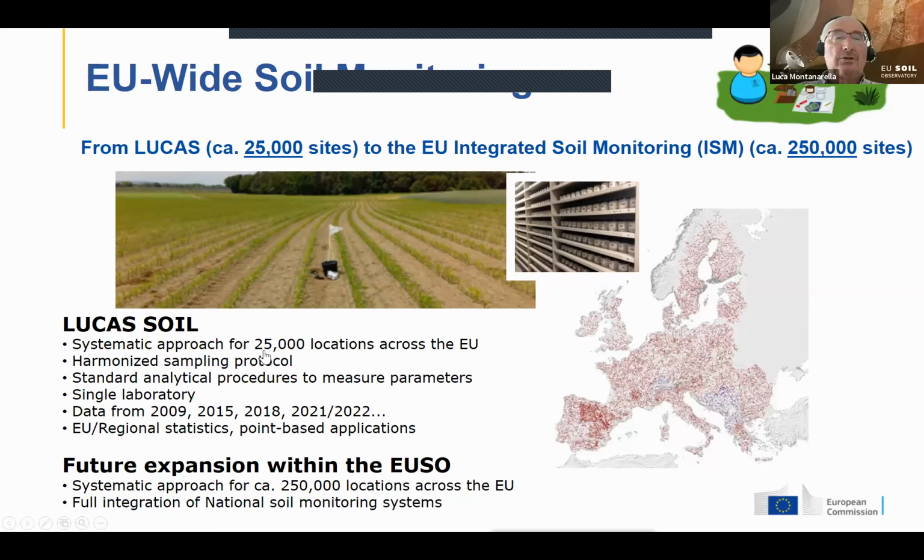This is also what the soil health law is aiming to propose, so that we will have an integration between the LUCAS soil monitoring system and the national soil monitoring systems, possibly using transfer functions to make data comparable between LUCAS and the national soil data and information systems.